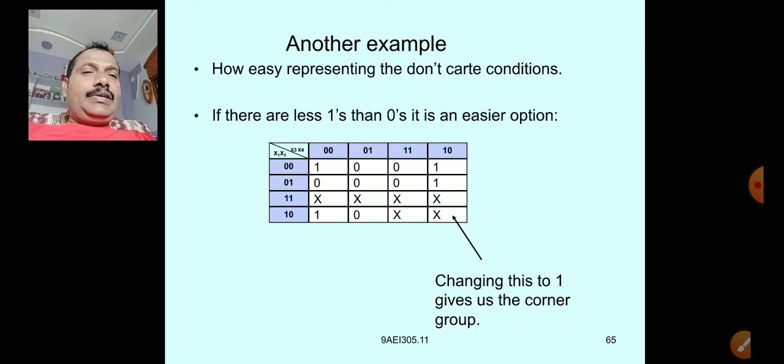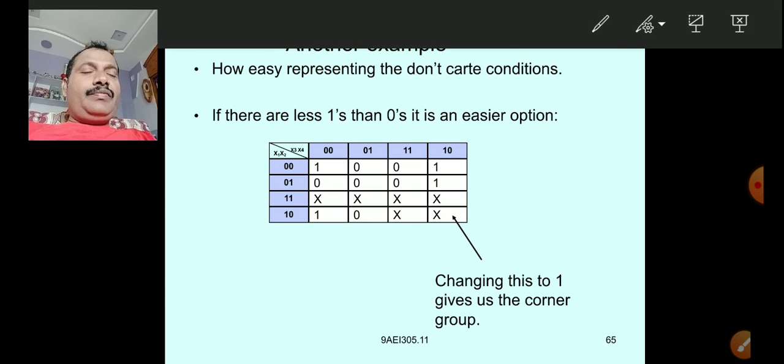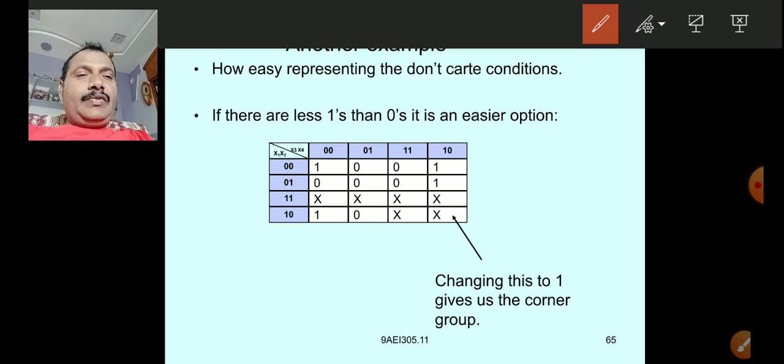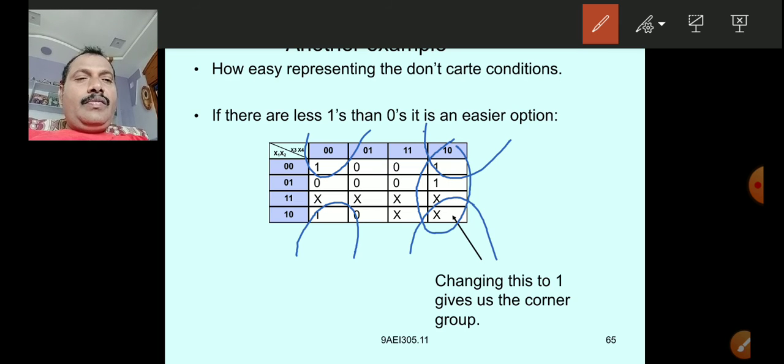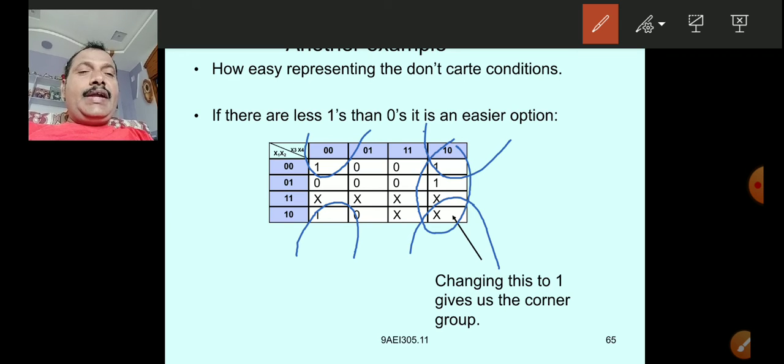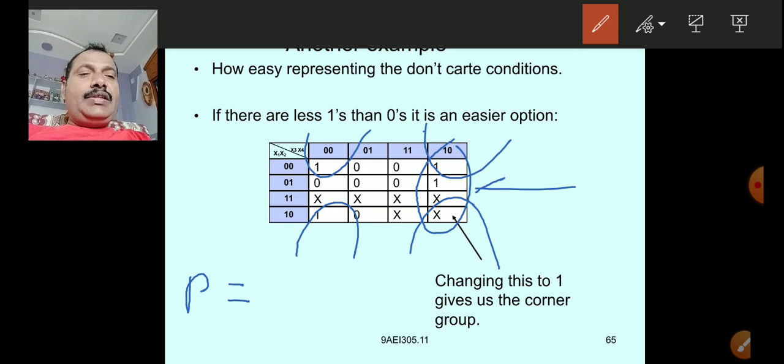So let us write a simplified version of this expression. This is one quad, and the four corners is another quad. Let us write the expression for p, considering this quad first.